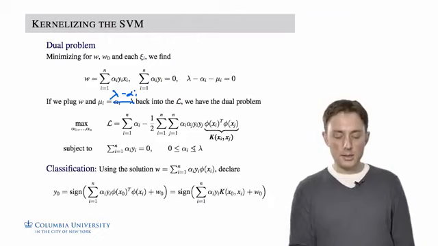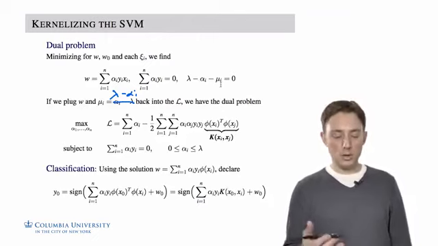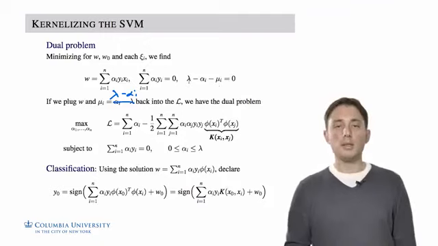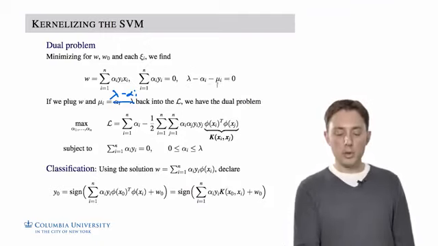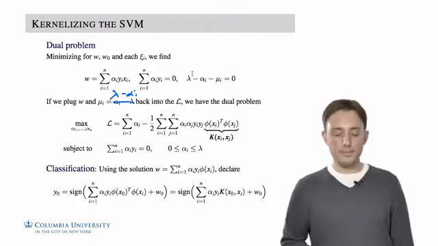So where do we get this? Well, alpha I and mu I are both non-negative, and lambda is something we set, and we have this requirement that alpha I plus mu I has to equal lambda.